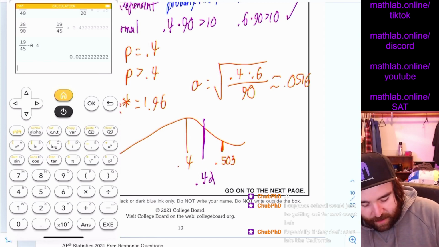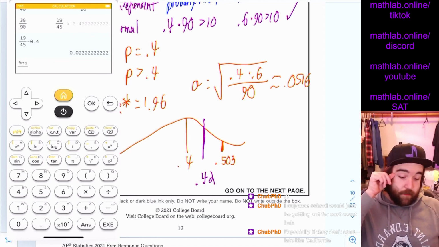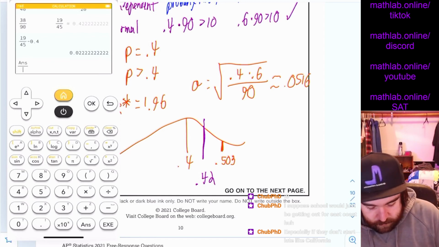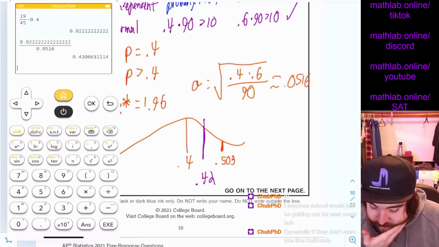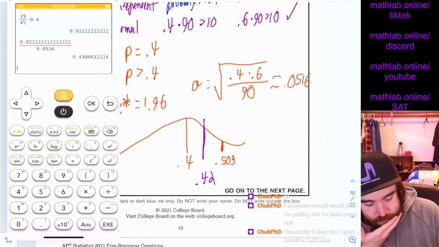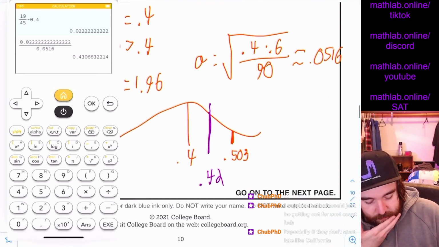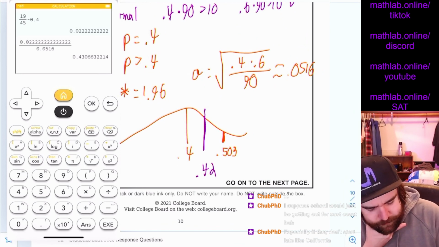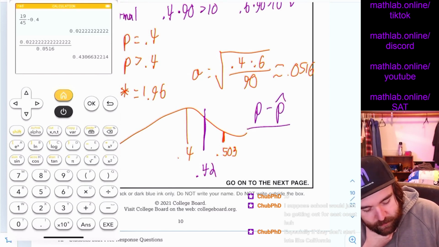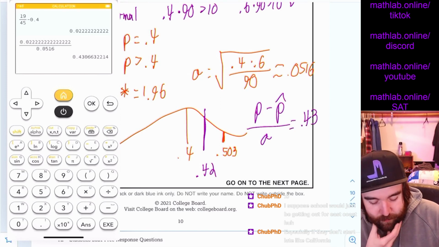And then you divide that by the standard deviation. So that's the z-score. So then we go, p minus p hat over the standard deviation is 0.43.